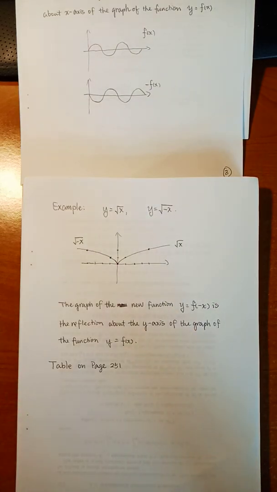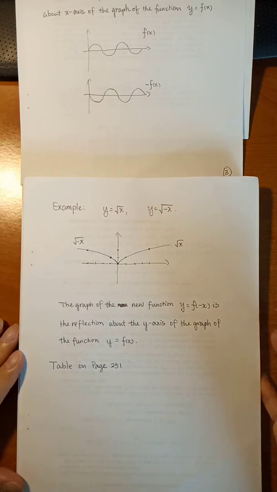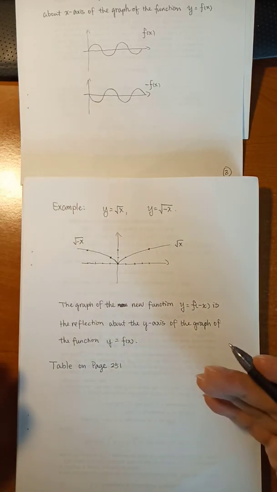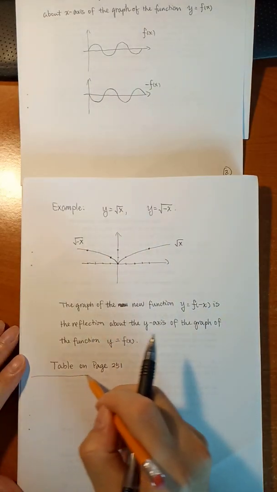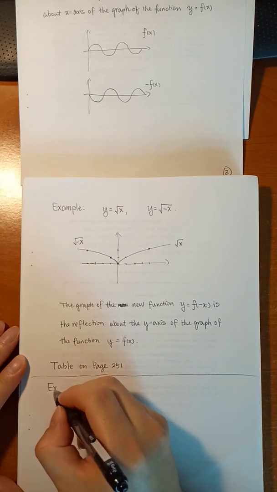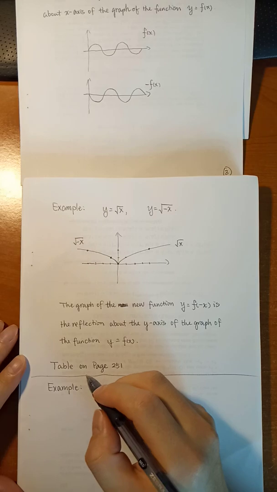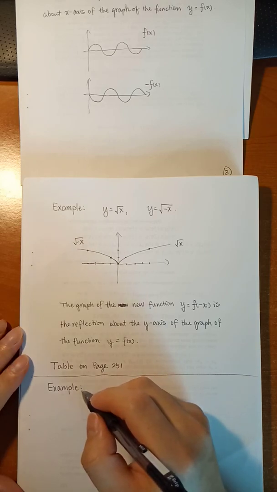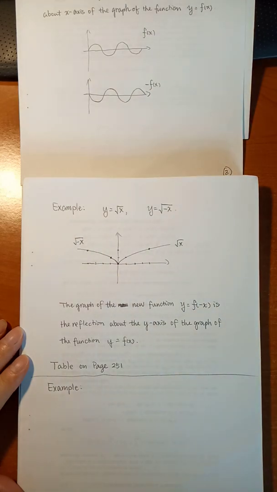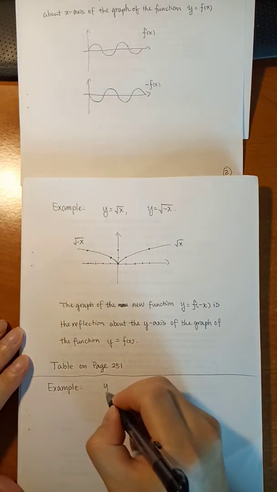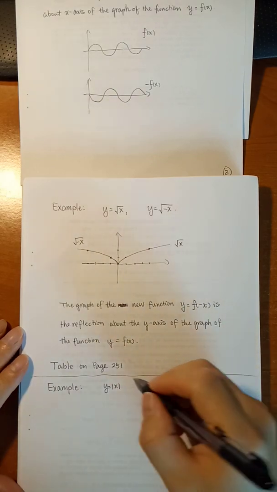Okay, now let's make some very complex function. Usually when I say complex, it just means you have a series of transformations. Okay, so we have the function y equal to absolute value of x.